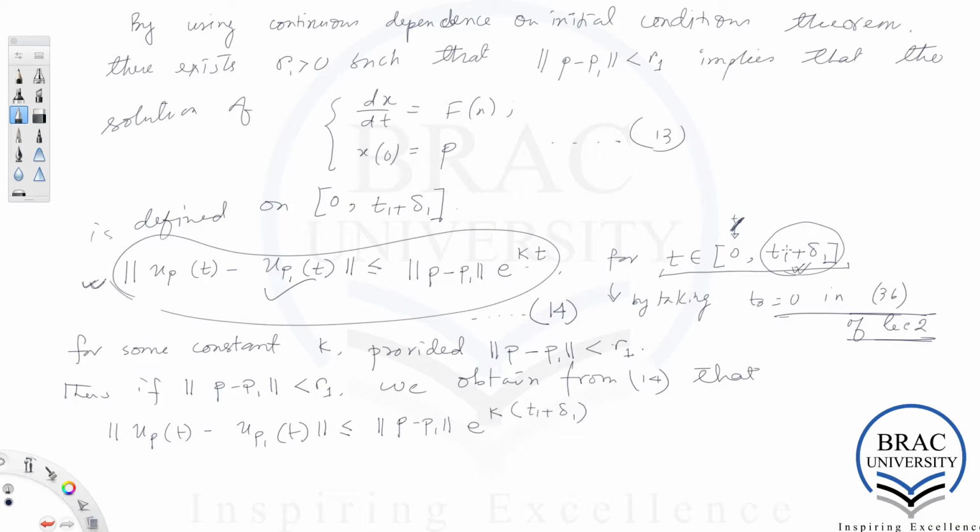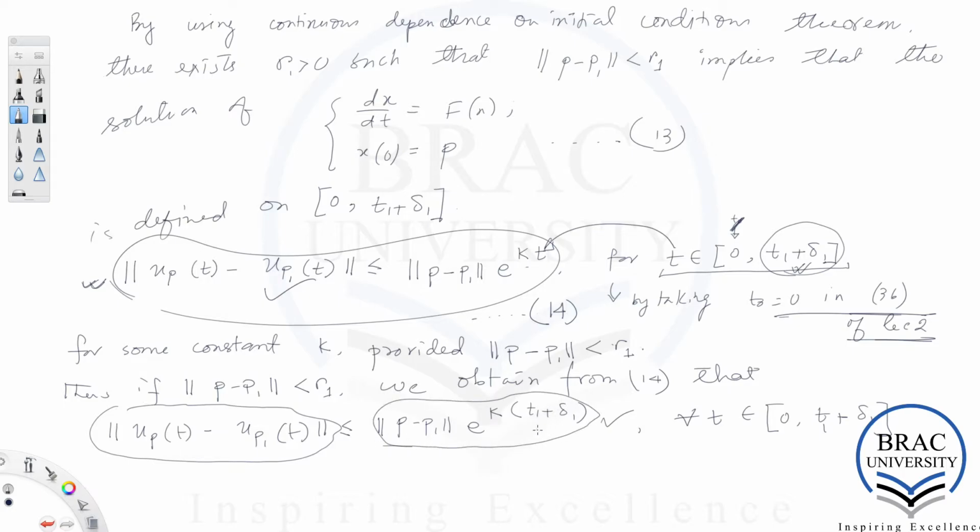I'm just substituting the maximum possible value of t here, for all t in this interval, because t can take values here, and this is bounded by the maximum possible number if I choose t1 plus delta 1 to be the value of t. Okay, good. This is our equation number 15.